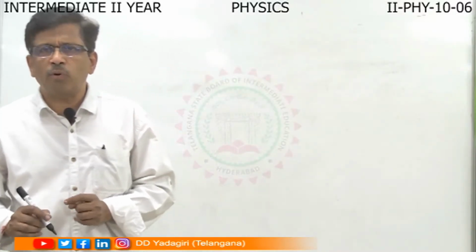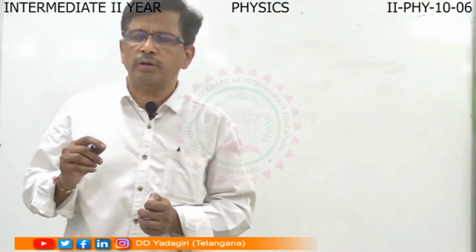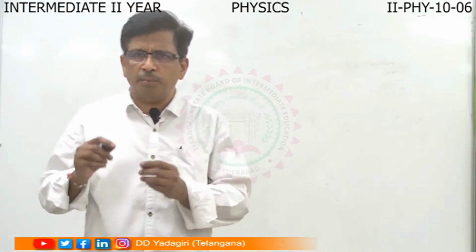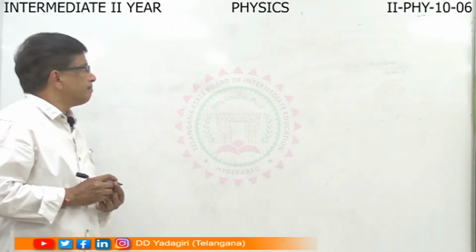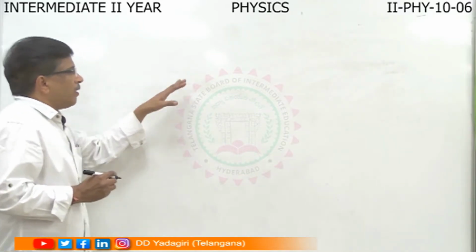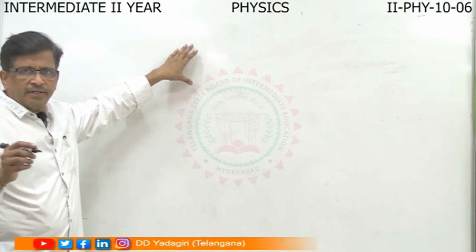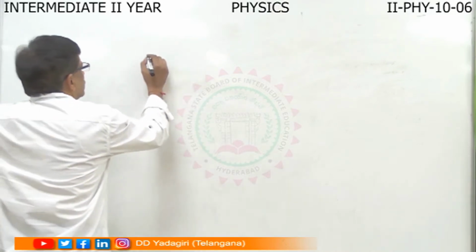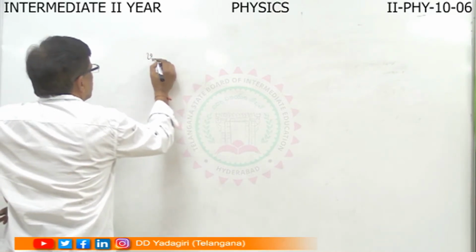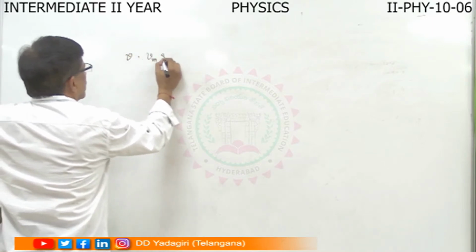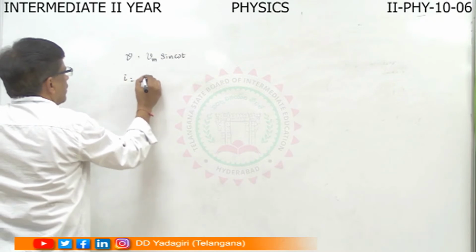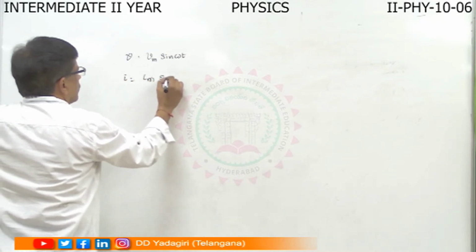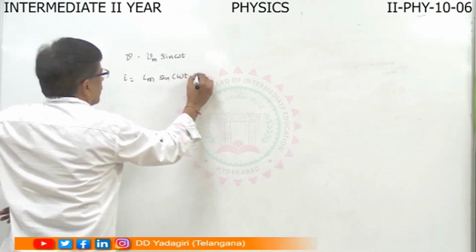Now let us study about the LCR circuit, how it plays an important role in communication system. Now, just now as I discussed, the voltage in LCR circuit is V equals Vm sin omega t and current is Im sin(omega t plus phi).